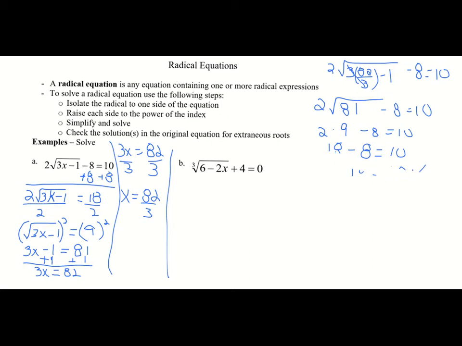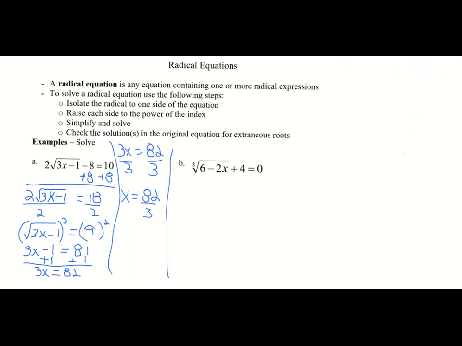Let me erase my check here so that we can work on the second equation. Now, the second equation is raised to the third power. So again, you want to isolate the radical first. So I'm going to subtract 4. And it's going to give me the cubed root of 6 minus 2x equals a negative 4.